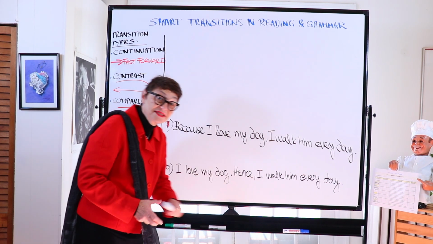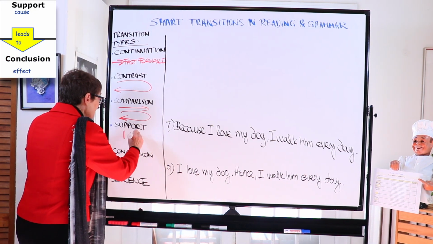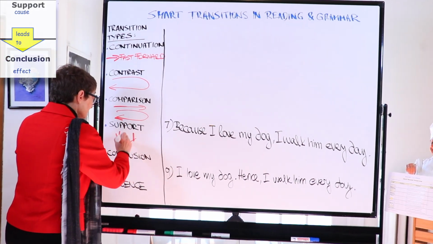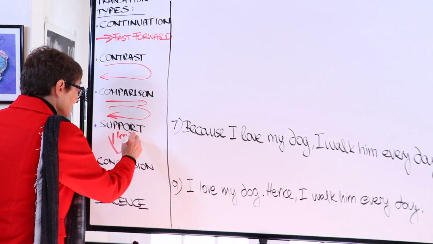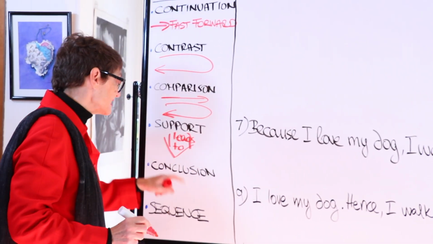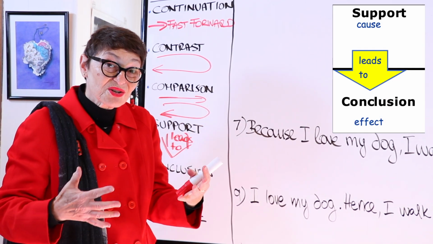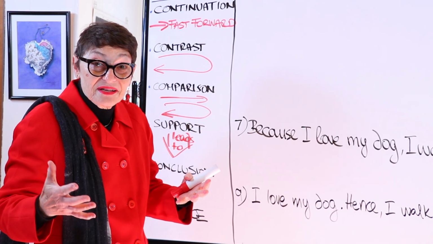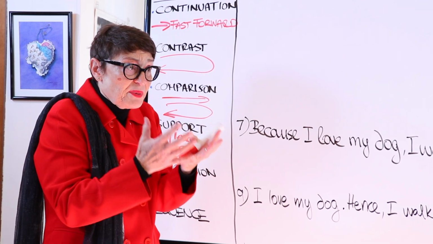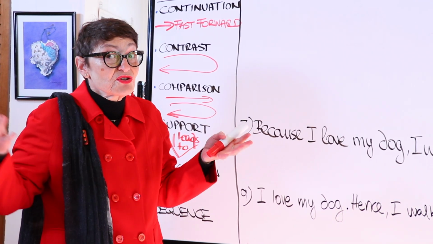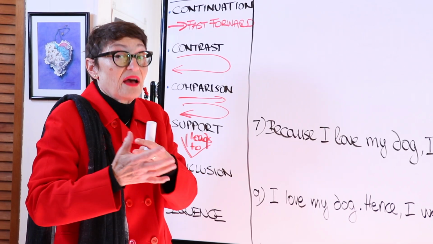Why? Because support must lead to the conclusion. The emphasis of the support and the conclusion have to match. Does that make sense? If I give you really positive support, then the conclusion also has to be really positive, and vice versa.